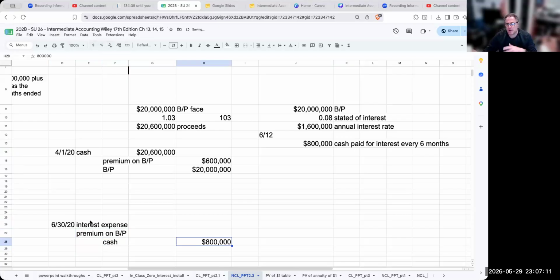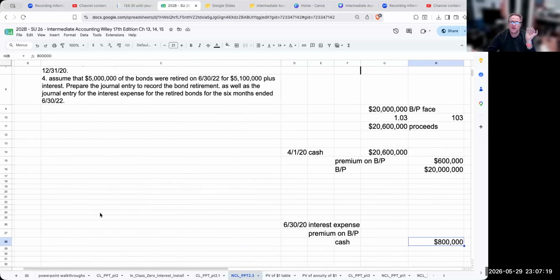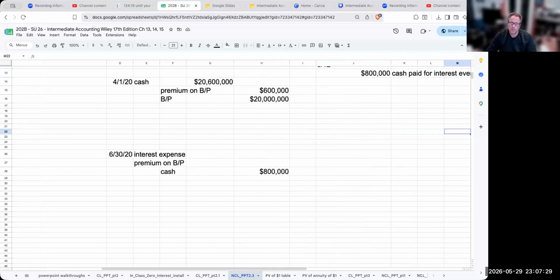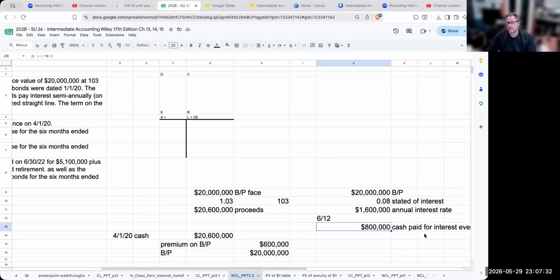This person who's coming in is like, wait a second, nothing is free. When you see this, it says face value 20 million, 103 plus accrued interest. So how much interest was accrued? The cash paid for interest every 6 months is 800,000, and we're going to multiply this by another 3/6, or January 1st through March 31st.